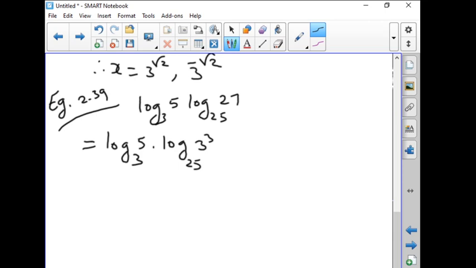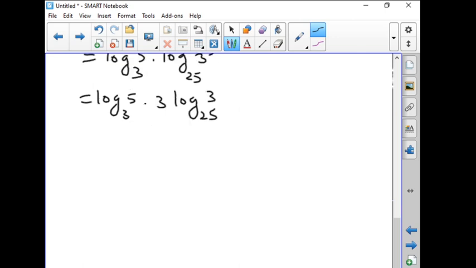Now using power rule, how will you write? Log 5 to the base 3 into 3 log 3 to the base 25. So it is equal to, this 3 we can take it to the front because it is only multiplication. So 3 into log 5 to the base 3 into log 3 to the base 25.